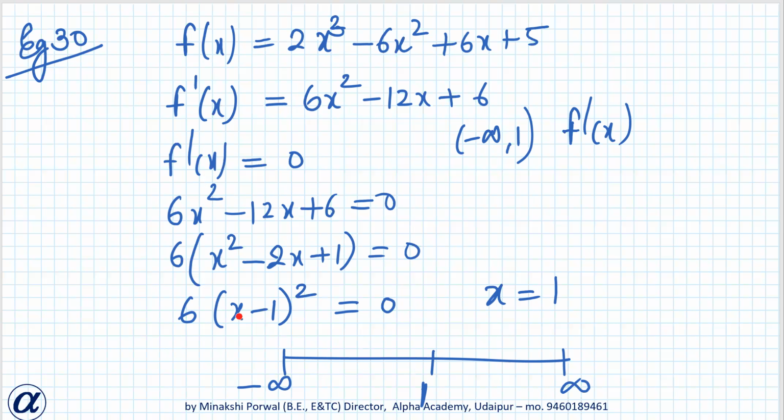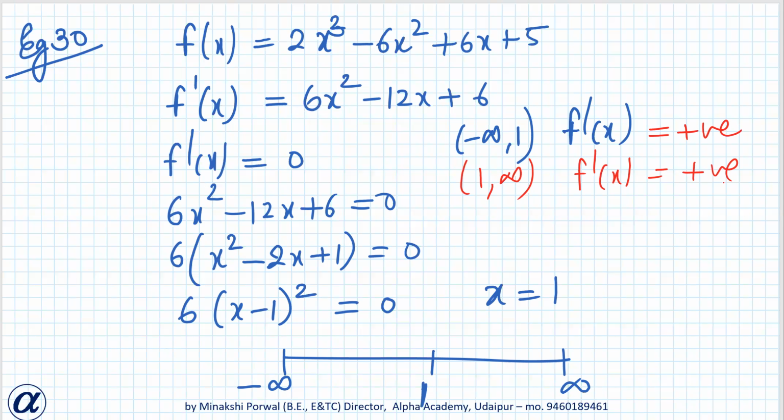If I substitute 0 in f dash x, I am getting f dash x as positive. Now again f dash x between 1 and infinity. Suppose I am choosing 2. So 6 into 4, 24, and 12 into 2, 24. These both cancel and again positive. So there is no change in sign.